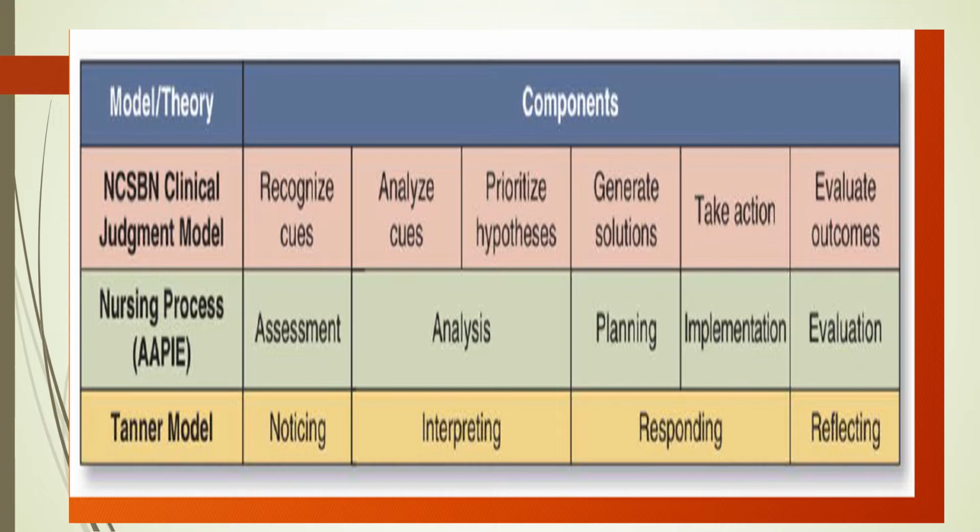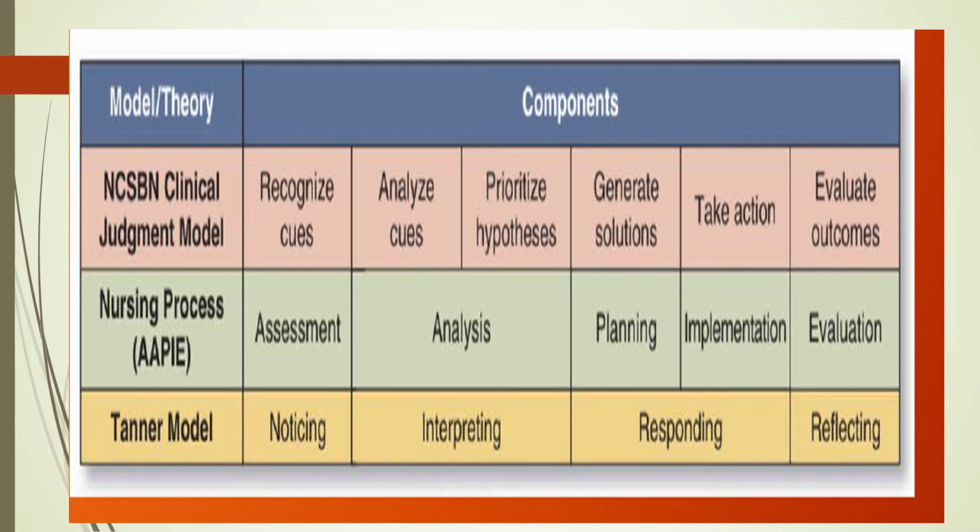This is the model. It talks about Tanner's model of clinical judgment on the bottom. The nursing process is in the middle, and the National Council of State Boards of Nursing clinical judgment model is on the top. So if we look at all these together with the NCSBN, we're recognizing the cues, which is assessment or noticing.